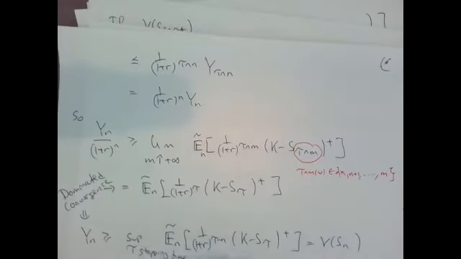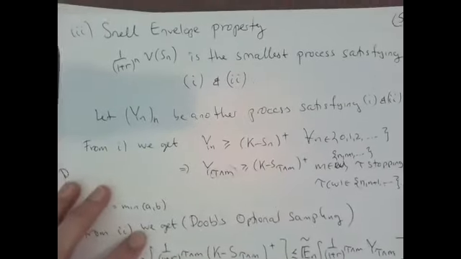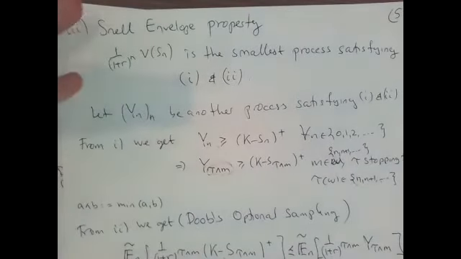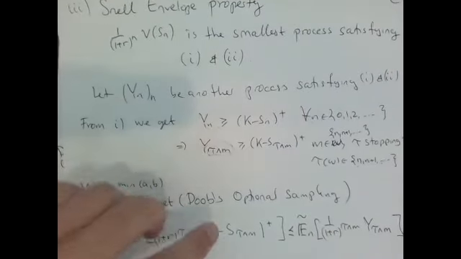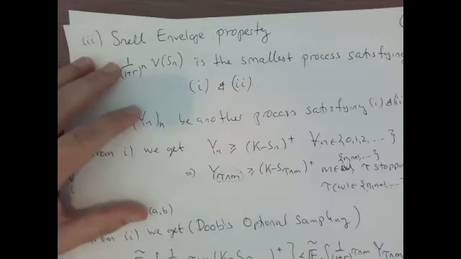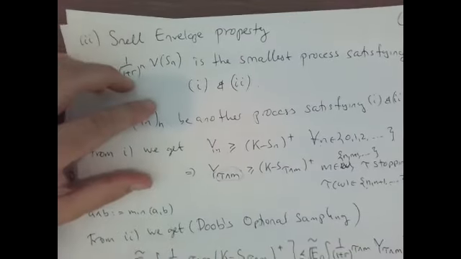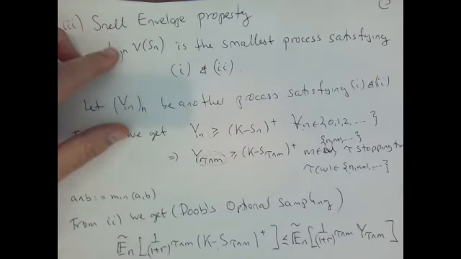So there's page 5. The minimal property says that if I take another stochastic process that has these properties of being above the obstacle and being a super martingale, I can combine them and prove that any other such process must necessarily be bigger than this object.